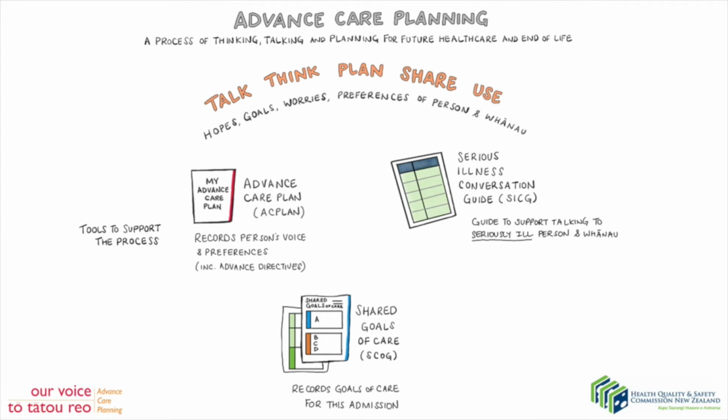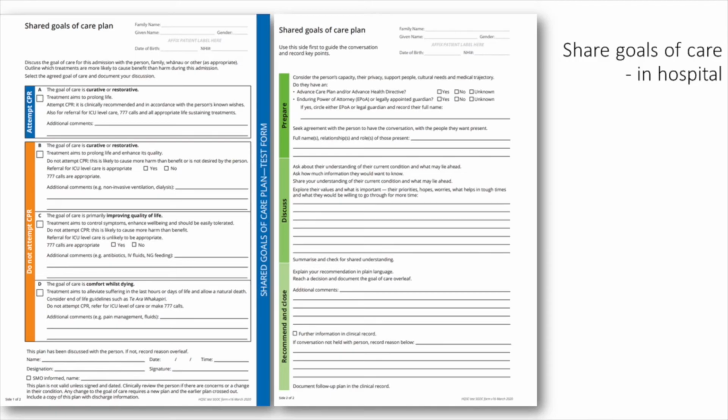The Shared Goals of Care principles provide guidance to healthcare providers on developing and supporting a Shared Goals of Care approach and outlines what is required for Shared Goals of Care discussions with adult patients, their families, and whānau. The Shared Goals of Care form supports the discussion with prompts and space to document the discussion on the one side. On the flip side is where the Shared Goals of Care plan is documented, the goals that will inform the care and treatment decisions should the person deteriorate.